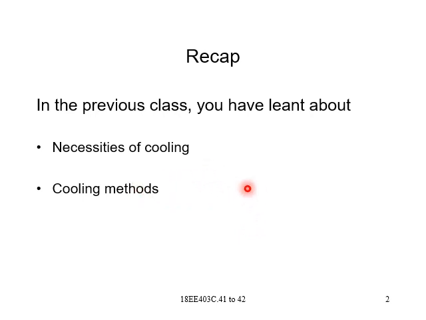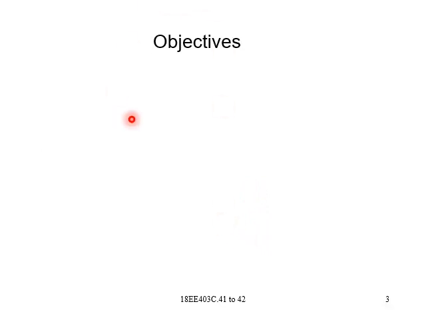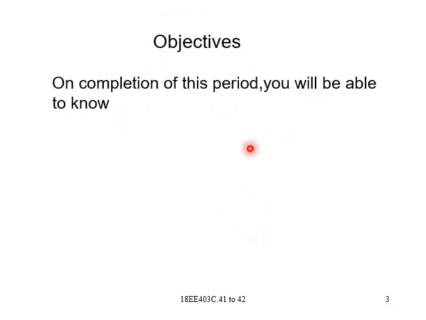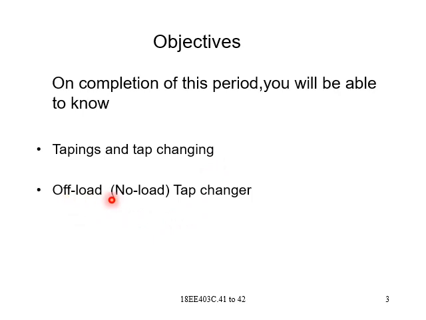And moving on to today's topic. The main objective of today's session is, on completion of this period, you will be able to know tappings and tap changing, and off load, that means no load tap changer, and on load tap changer. There are mainly two types of tap changing, that is during off load and during on load. Off load is nothing but no load tap changing, and on load tap changing.